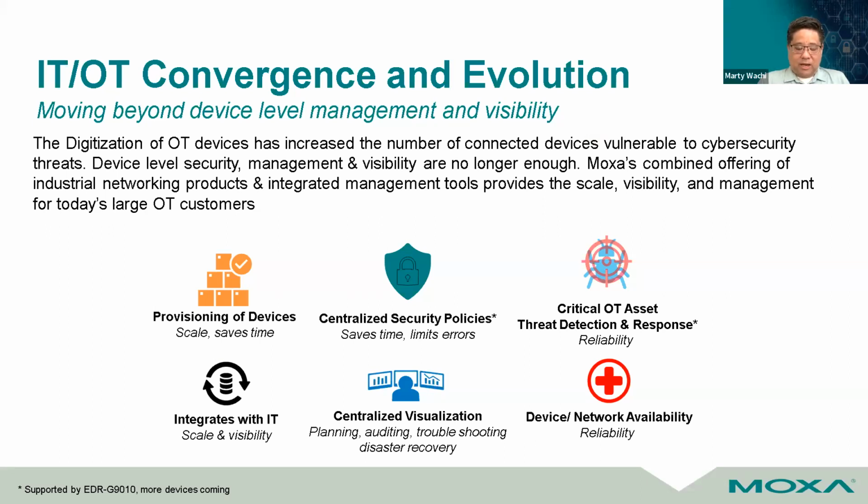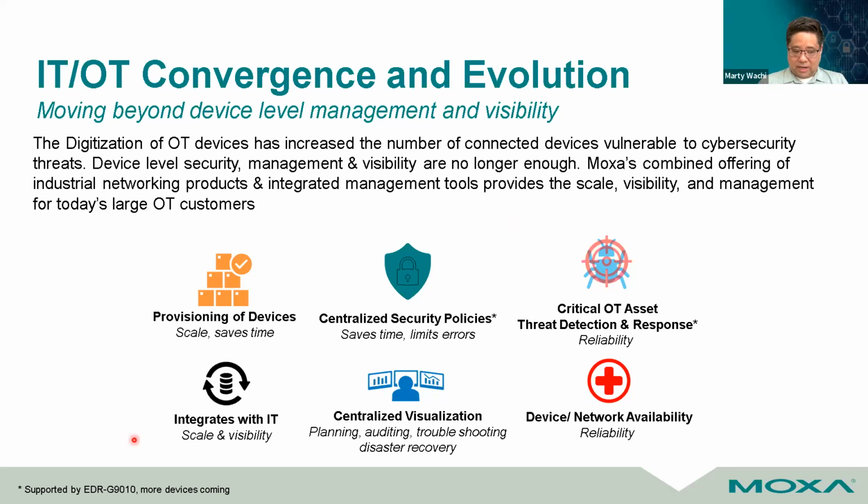What I mean by device level is going into the device itself, relying on the UI and the information that the device can provide. That just doesn't scale and give our customers the visibility they want. So this really requires some pretty robust software management tools, not just the features of the product.